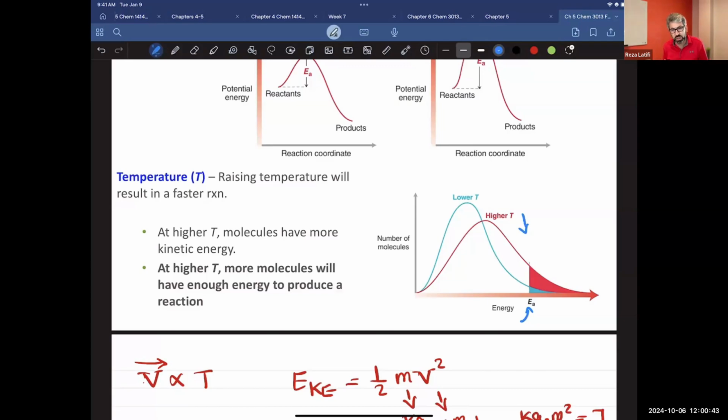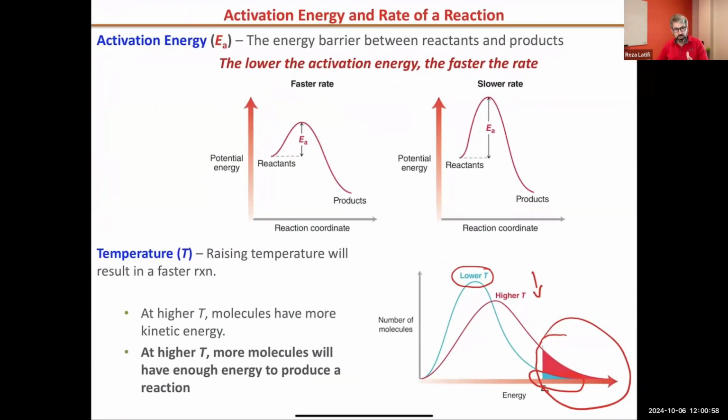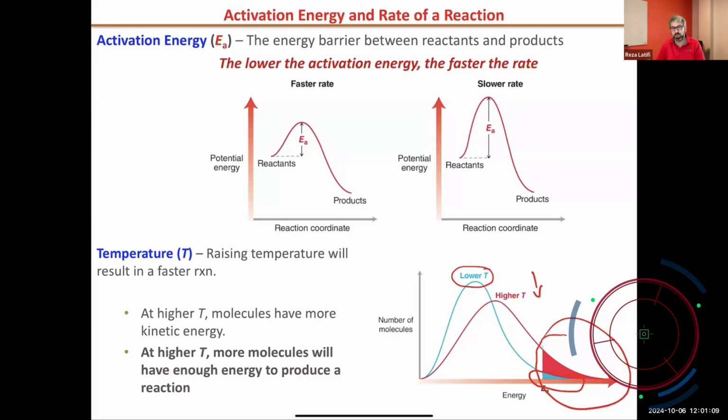And if we have collision, we may gain some energy or lose some energy from whatever we had. In that case, the max is going to go down. So we know we need lower activation energy to have a faster chemical reaction. And if we increase the temperature, the reaction will be faster.